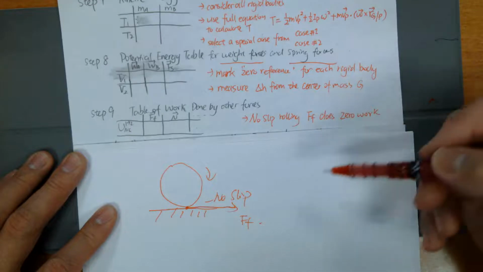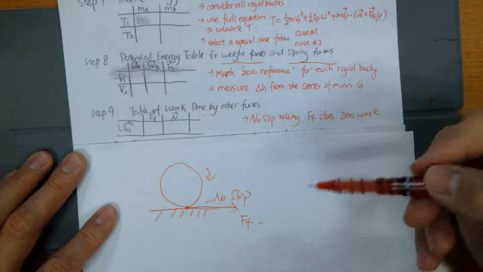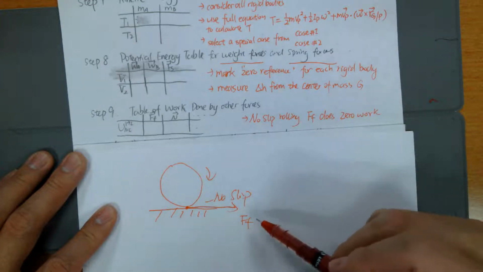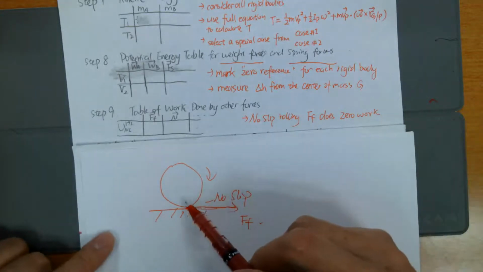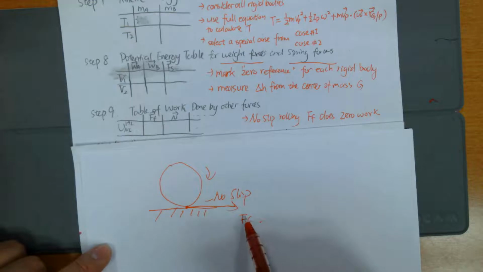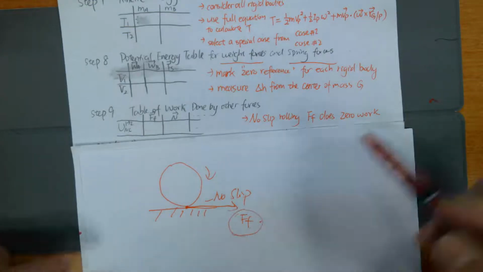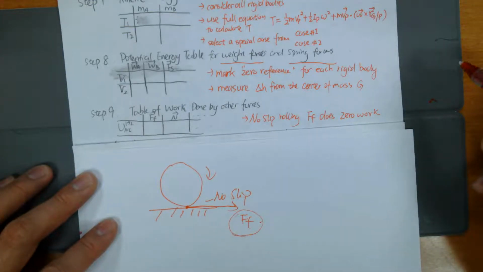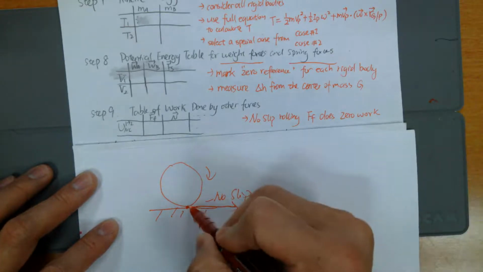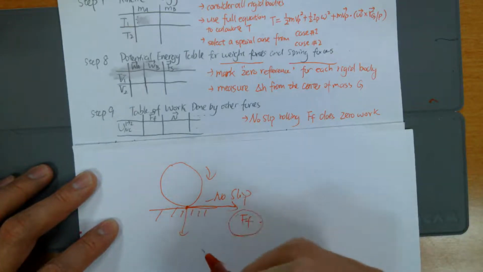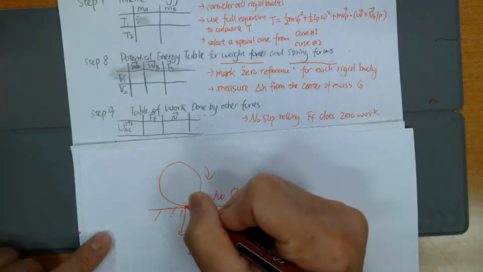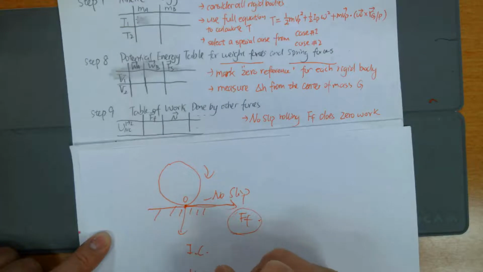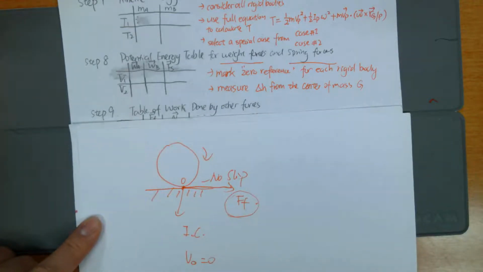If there's no friction, you can't have rolling action. So friction force is required for any rolling, no slip, rigid body. But the work done by this friction force is going to be zero. That's a special case to remember, because as we learned, that contact point is called IC, the instant center. The instant center has zero velocity.